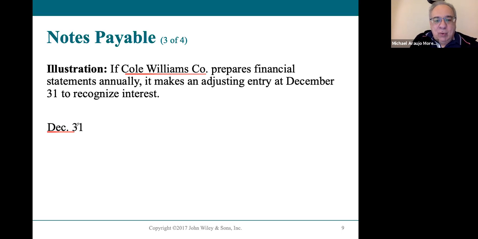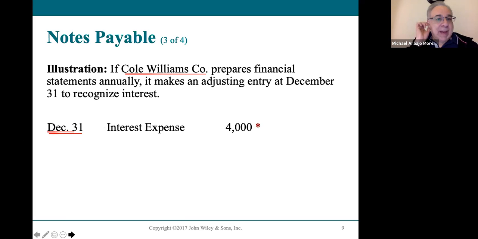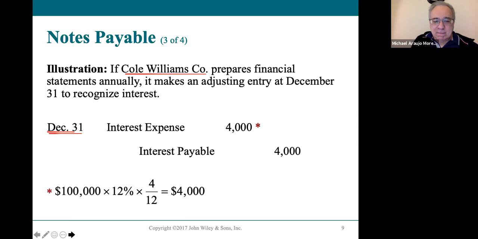The 4 months of interest, September, October, November, and December, all needs to be expensed by December 31st, although it's not going to be paid until January the 1st, right? Way back in chapter 4, when we did adjusting entries, I know one of your favorite chapters, I'm sure. So we expense $4,000 of interest for that particular year and set up the interest payable, although of course we're only going to pay that the very next day, but it doesn't matter. We're closing the books on December 31st.